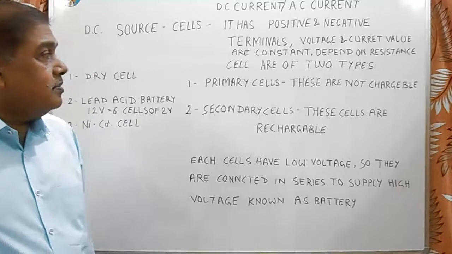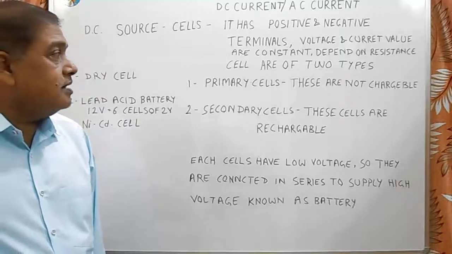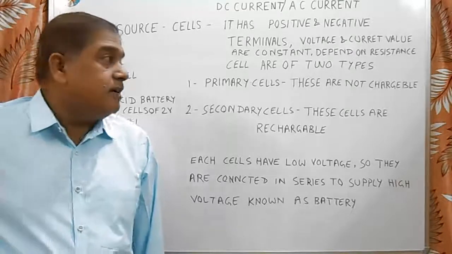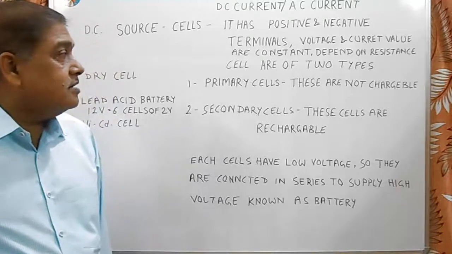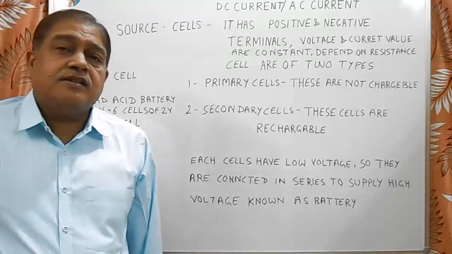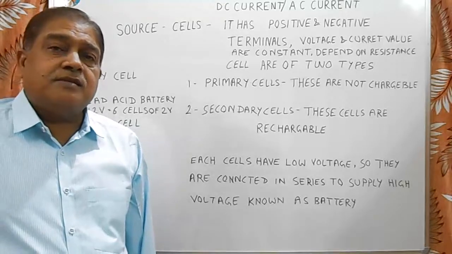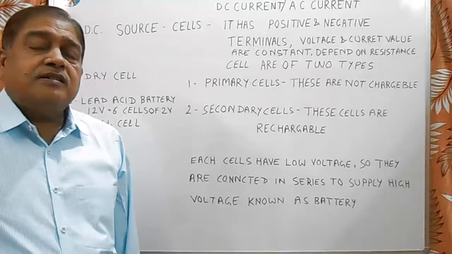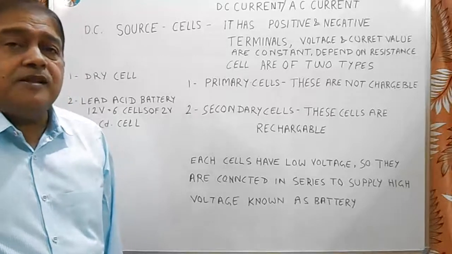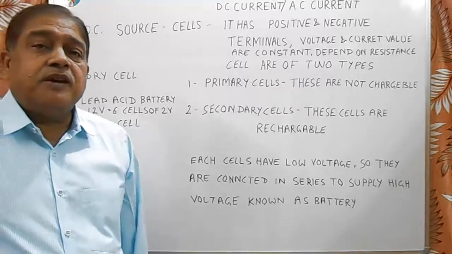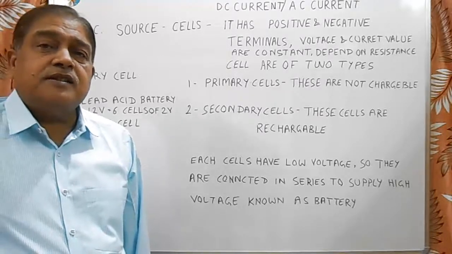There are mainly two types of cells: primary cells and secondary cells. Primary cells are those which are not chargeable, whereas secondary cells are chargeable cells. Examples of primary cells are dry cells, 1.5 volt dry cells and pencil cells.